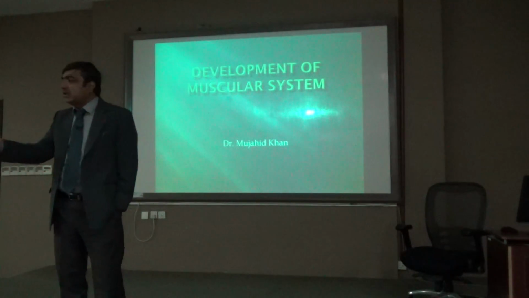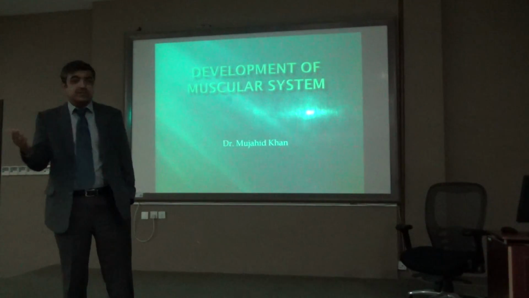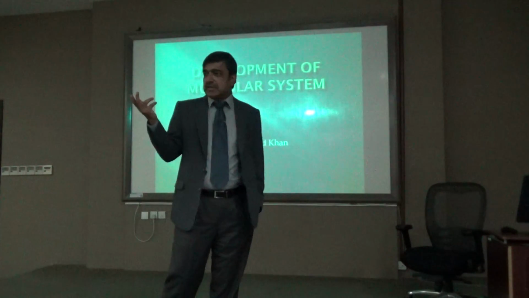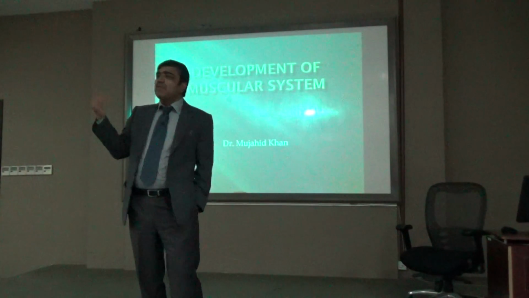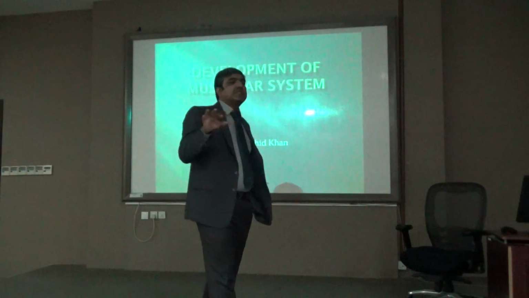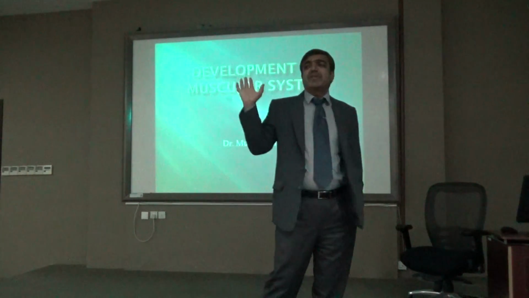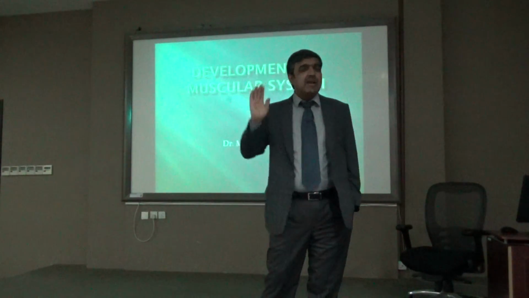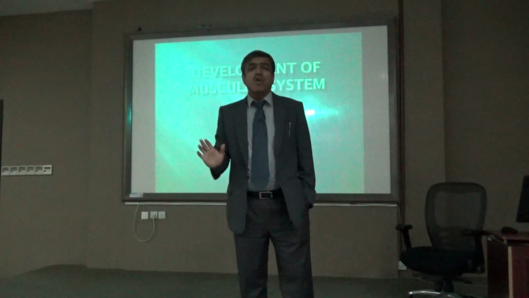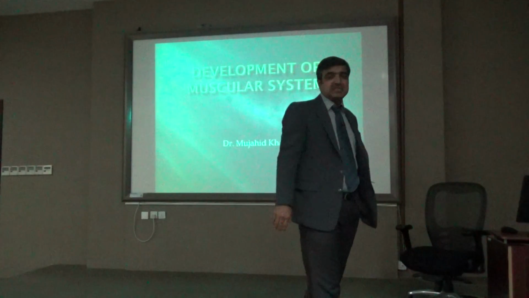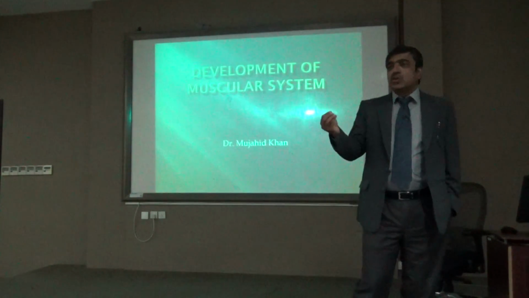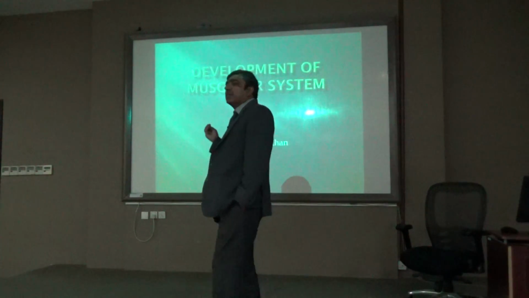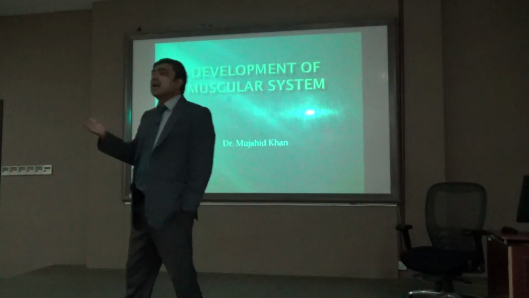As I said, like 40 or 42 or 44 pairs. But there are no 44 vertebrae, isn't it? So some of the somites in the later stages might degenerate. Some of them, in the occipital area, completely contribute in the formation of the muscles, okay?